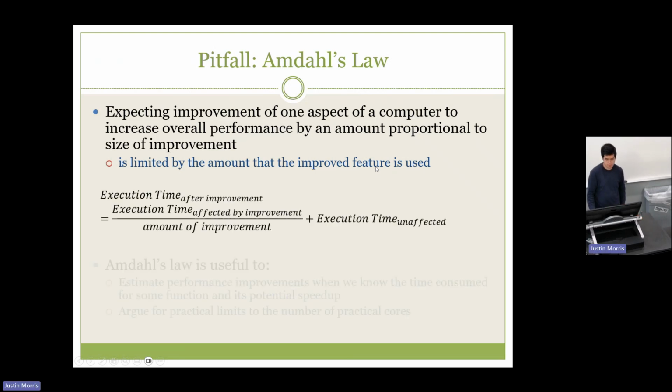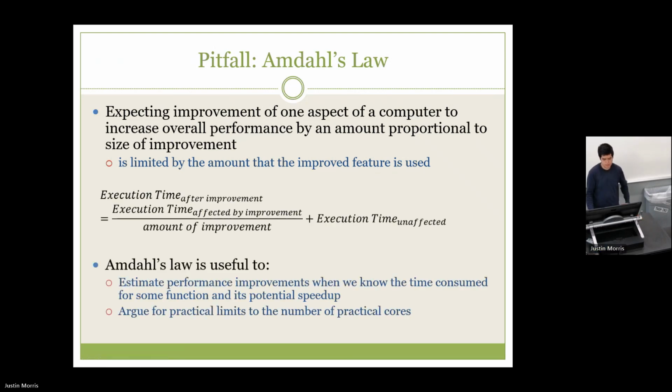So an example, the example is in the next slide. Here is kind of why that is the case, right? This is the portion of the execution time that is actually affected by the improvements, so the time that it was before, divided by the amount of the improvement.